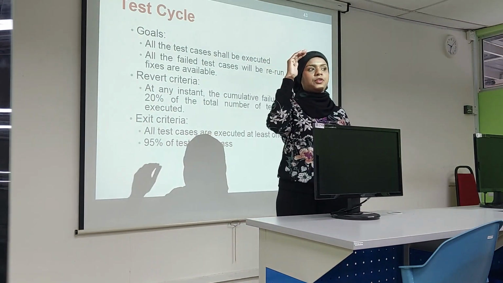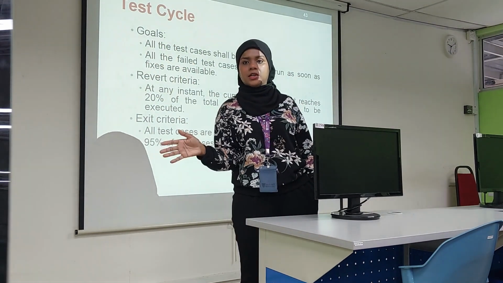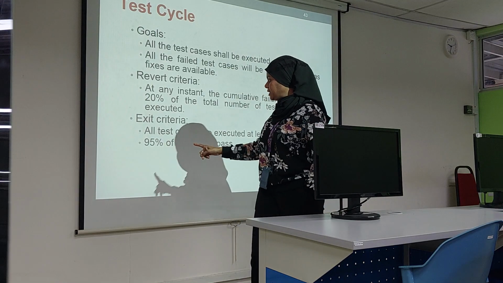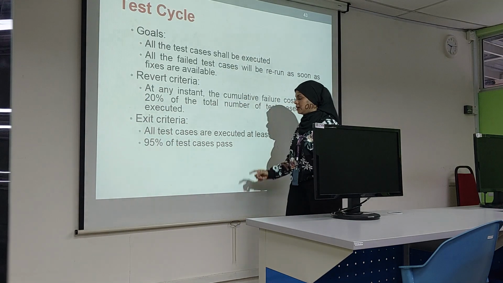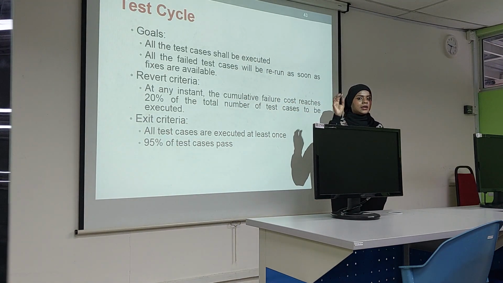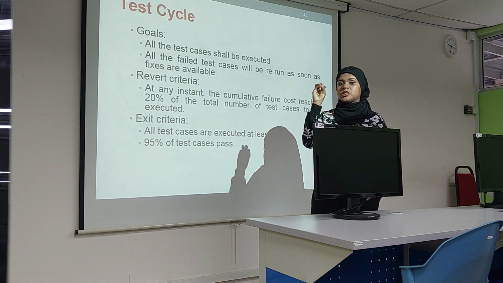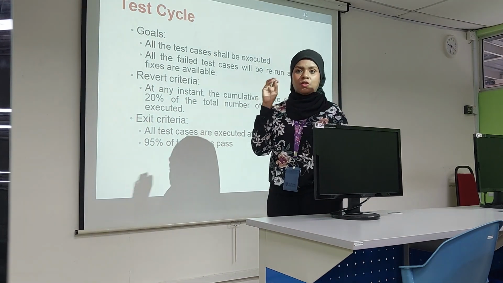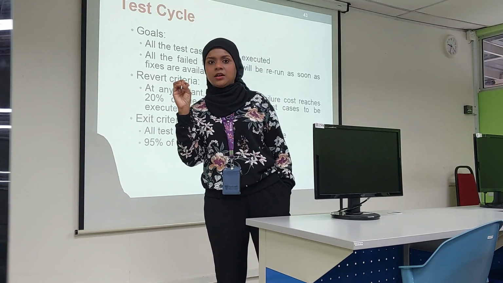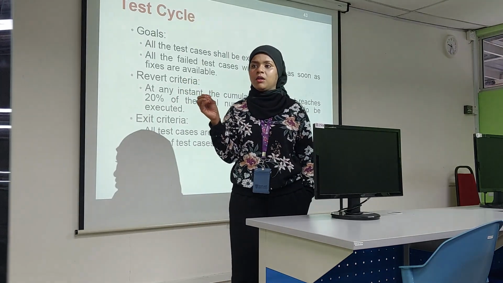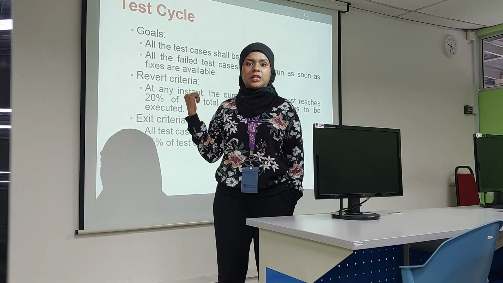It means 95% and above must be achieved. If 95% must pass, I have a possibility of 5% failed test cases. And if this 5% becomes more, it means we did not achieve this criteria.